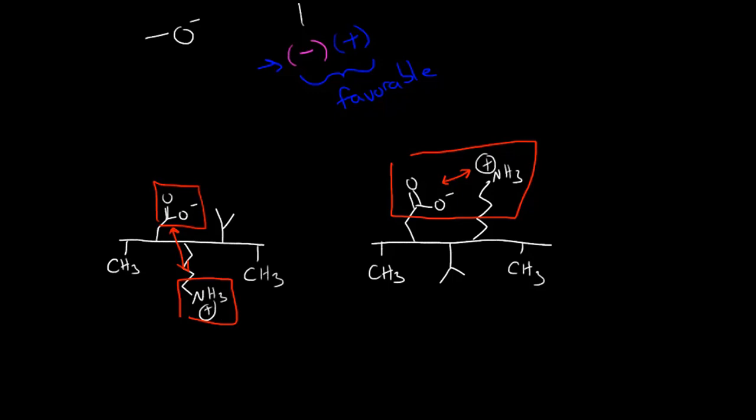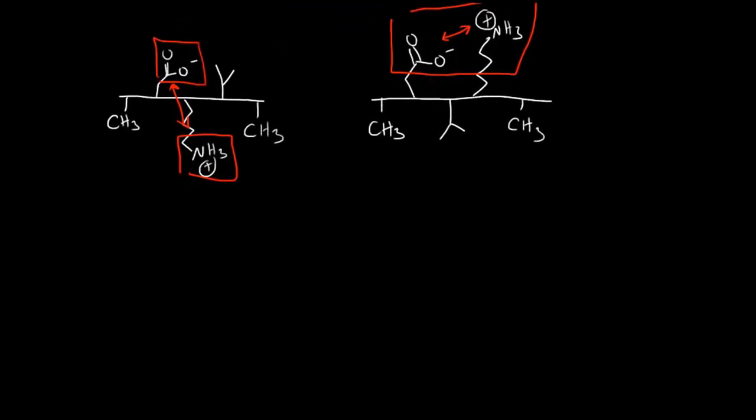And since these two charged molecules are in close proximity, they help to stabilize each other. So as we talked about above, if we have two charges in close proximity and they're stabilizing each other, then this will stabilize the base form of our carboxylic acid, and it'll stabilize the acid form of our lysine.